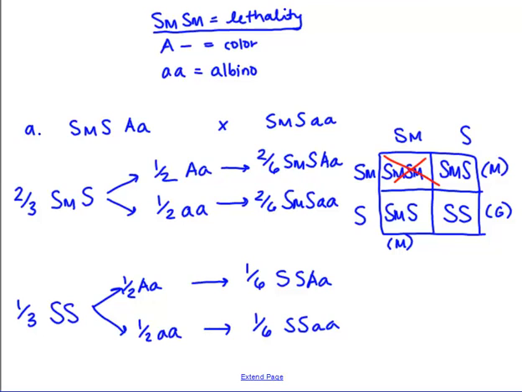So what are the phenotypes? For this, SM, S, big A, little a, that is a Montezuma fish because it has one dominant allele at the A gene, so therefore it can be colored, and having the SM allele calls for Montezuma. So this one is Montezuma.